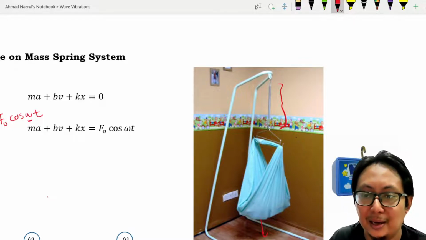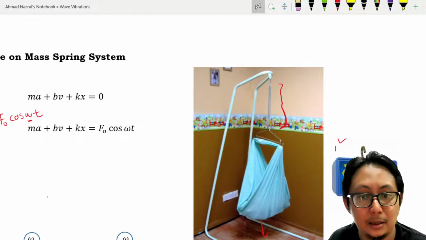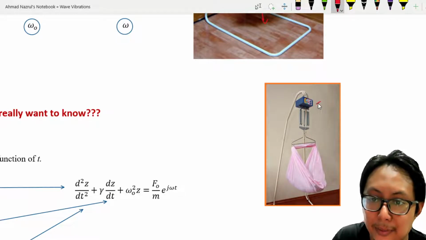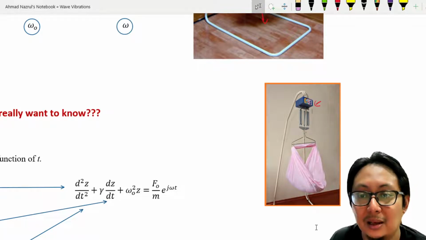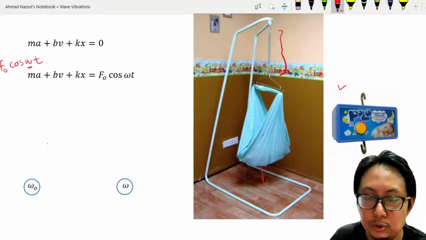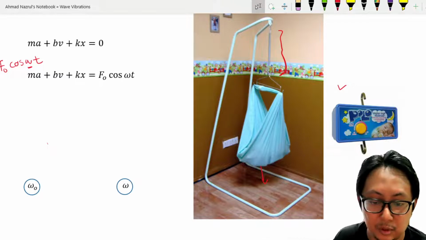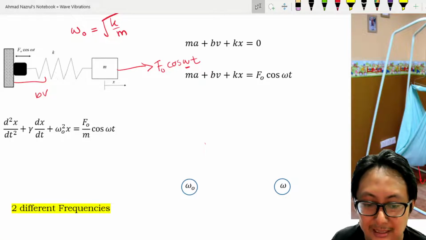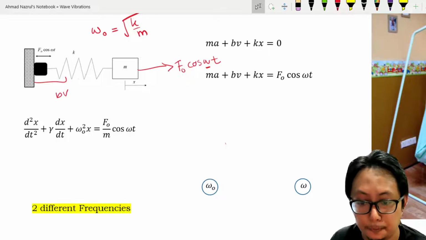That's why people sometimes buy an automatic baby swing. It has an additional part that controls how fast it goes, so even though we are not there, the swing can still oscillate and keep the baby asleep for a longer time. That is an example of a real mass-spring system.